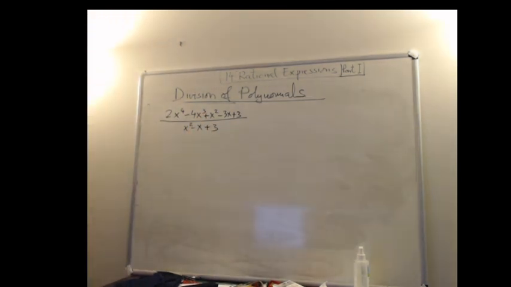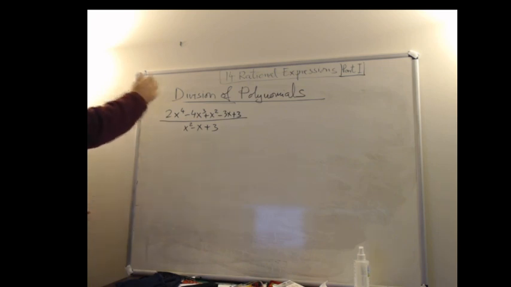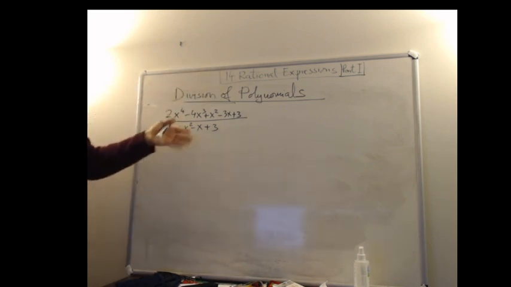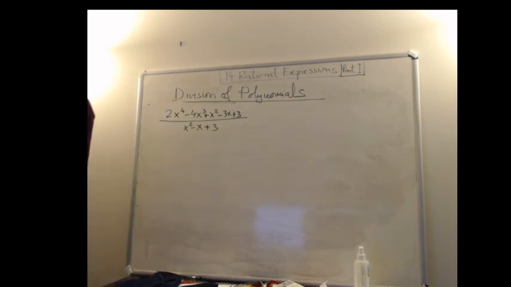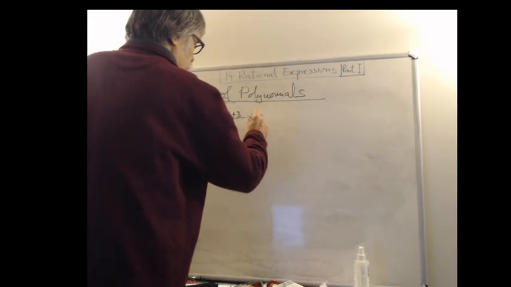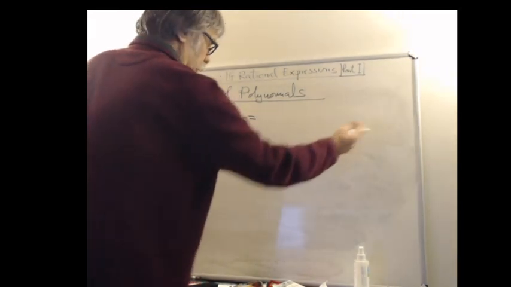Now you can say, ooh, God forbid. Well, it's not that bad. Look at my numbers: 2, 4, 1, 3, 3, 1, 1, 3. I don't have any really bad numbers here. They're all between 1 and 4. So I didn't really give you anything really hard. We can make this much harder. So I want to know what the quotient is, and what the remainder is that remains undivided.